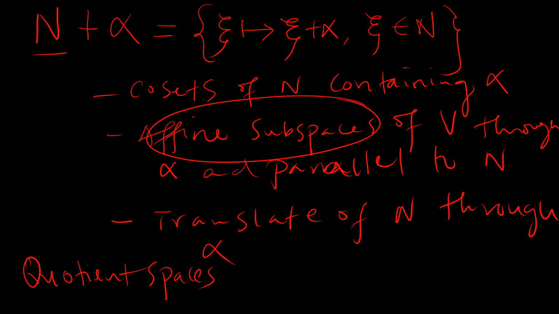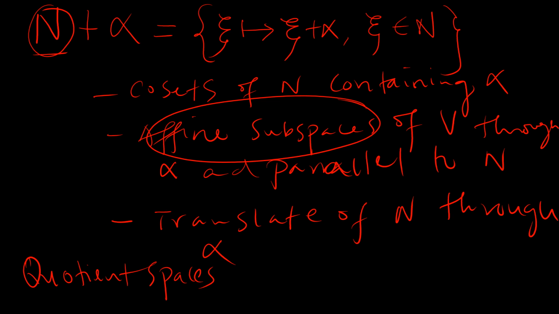For example, when you create these subspaces by adding a vector to the original subspace N, and you have these multiple translations created by adding many vectors, you're going to create a set of points within the bigger vector space that is in itself also a vector space.